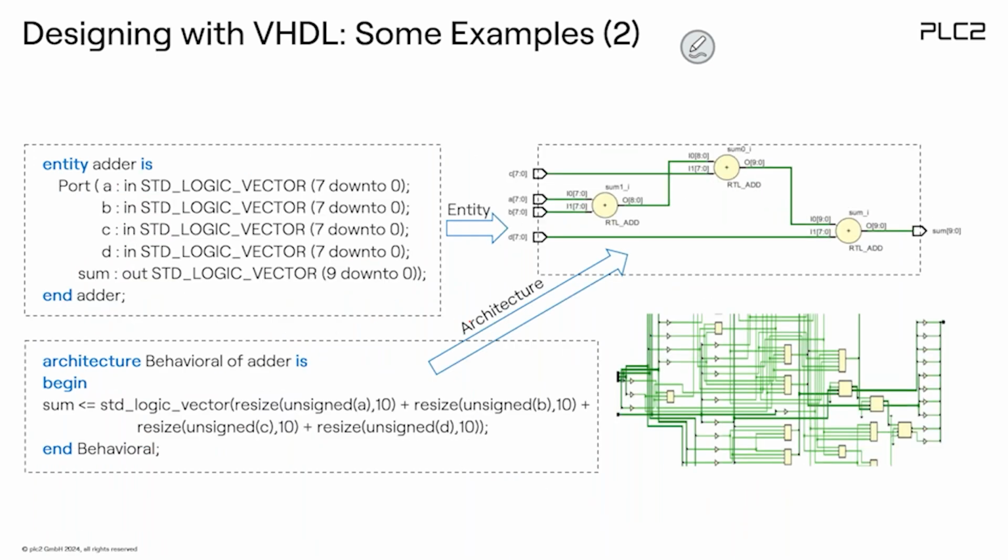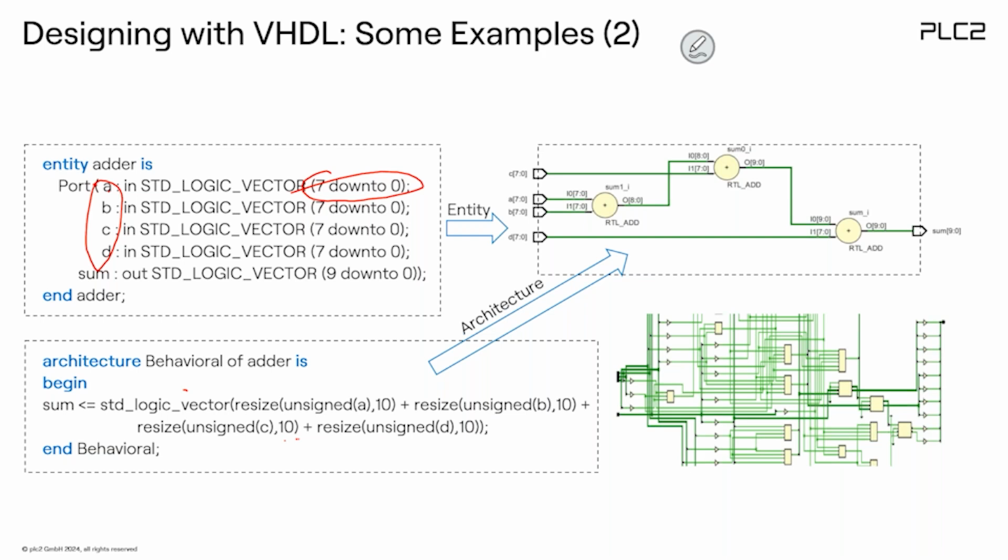Or, for example, you do maybe an adder. So in this case, you define A, B, C, D, 4 input vectors of 8-bit width. Okay. So now, it looks a little bit complicated, but it's not.